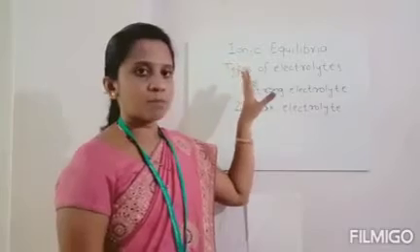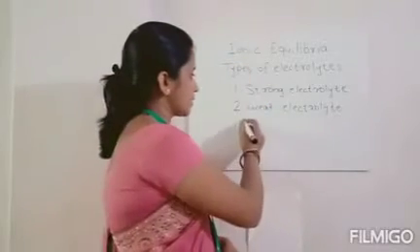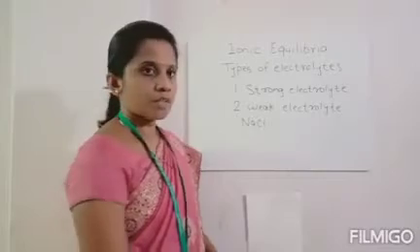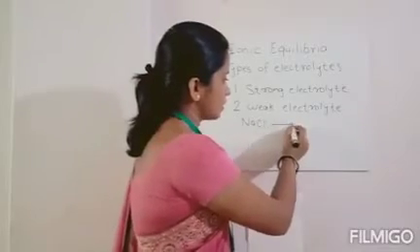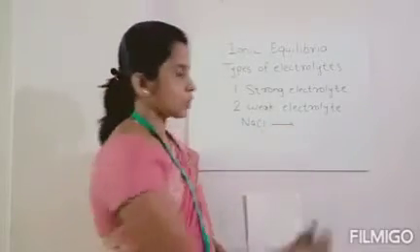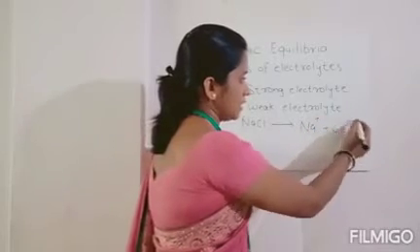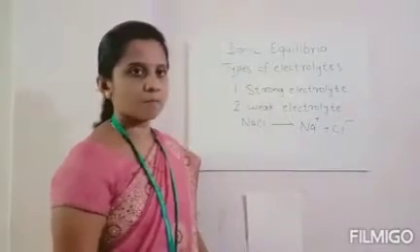We can take example for strong electrolyte as NaCl. NaCl in its aqueous solution will give you Na plus and Cl minus ions.